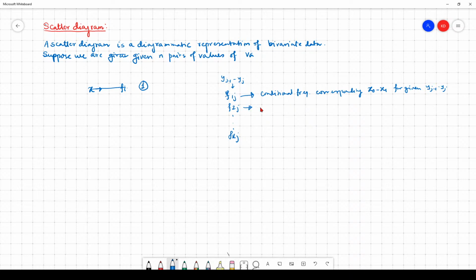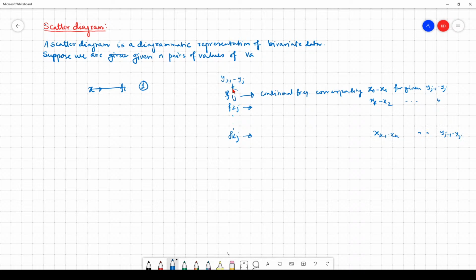Similarly, f2j is a conditional frequency corresponding to x0 to x1 for given yj minus 1 to yj, and this is the conditional frequency corresponding to xk minus 1 to xk for given yj minus 1 to yj.